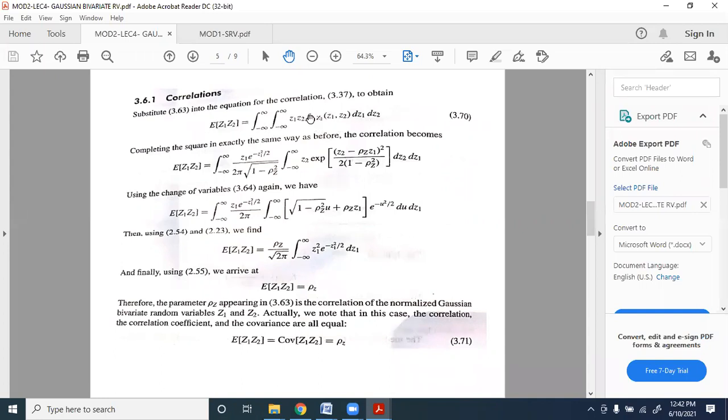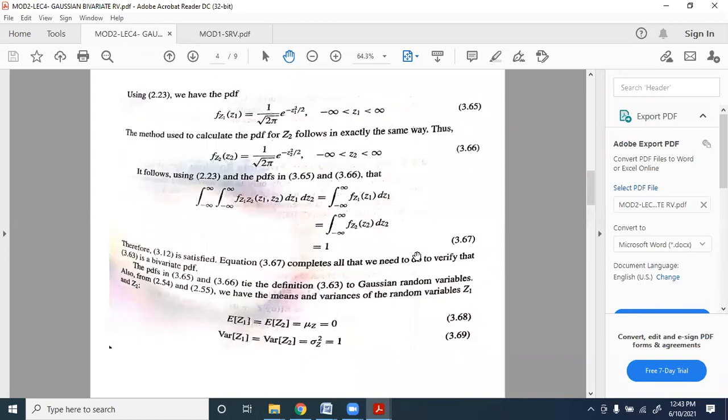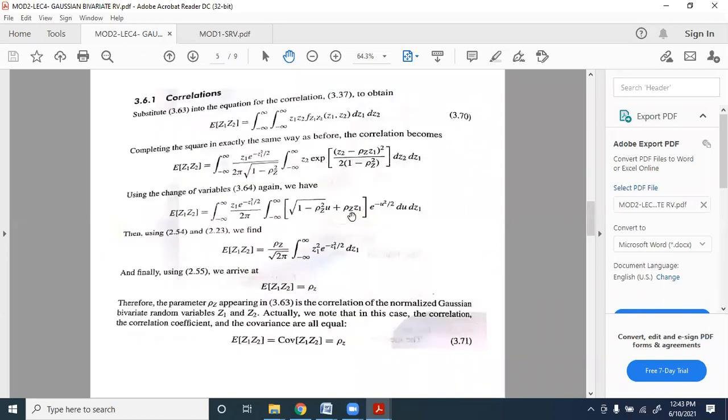Now again, we can substitute for the bivariate PDF from the equation we have written here as 3.63. If we substitute there, we can rearrange the terms and get the value, and that turns out to be, you can just write like this.